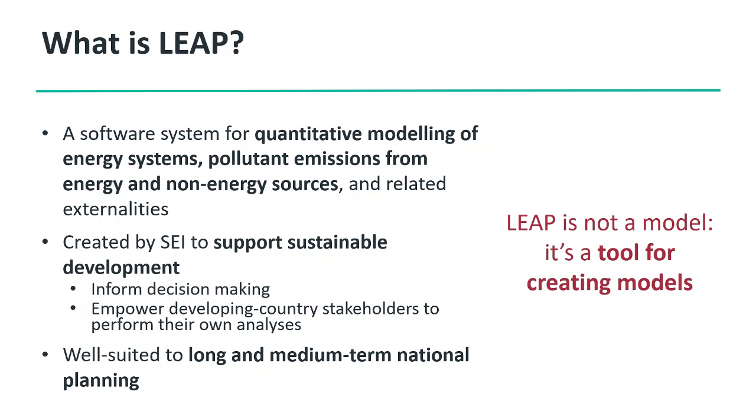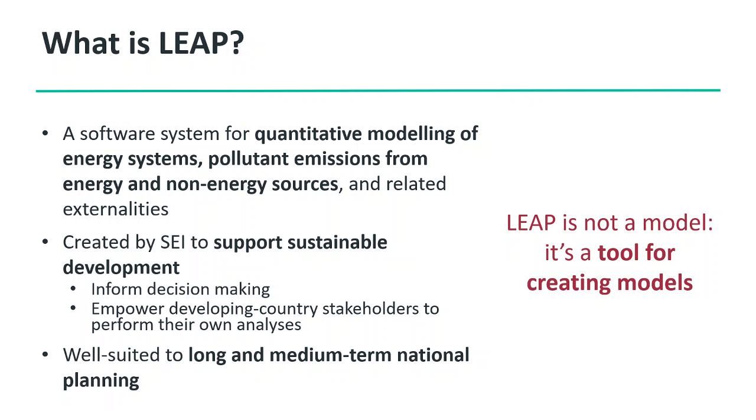And then there's the energy alternatives planning tool. LEAP started life in the 1990s as an energy planning tool. It was designed to look at the energy system, and then gradually it has built up over time to look at greenhouse gas emissions from the energy system.